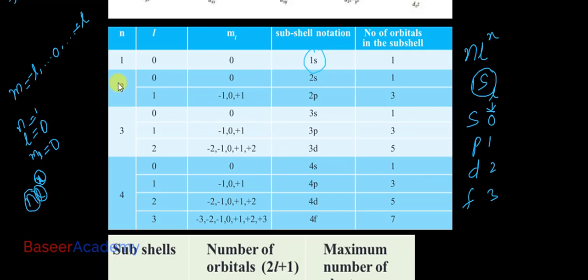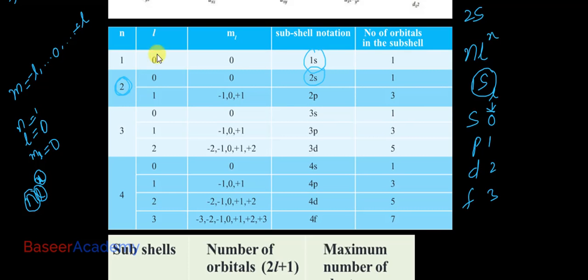In the same way, the N value is 2, so in place of N, I'll write 2 here. The L value is 0. 0 means it is the s subshell. So 2s. When the value of N is 2 and the value of L is 0, the subshell notation is 2s.